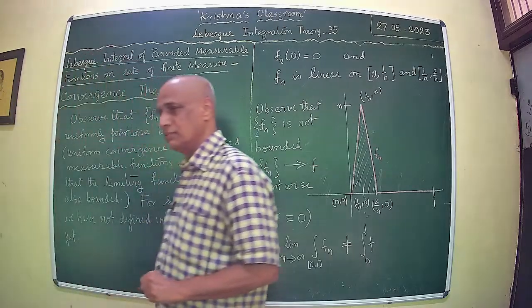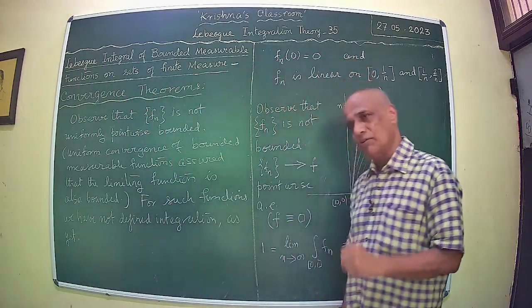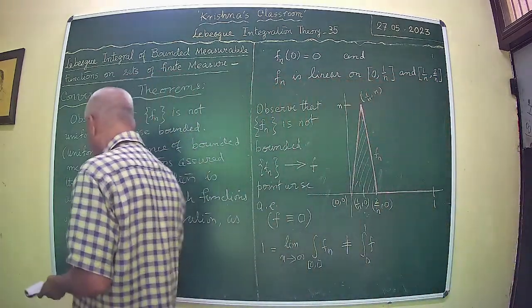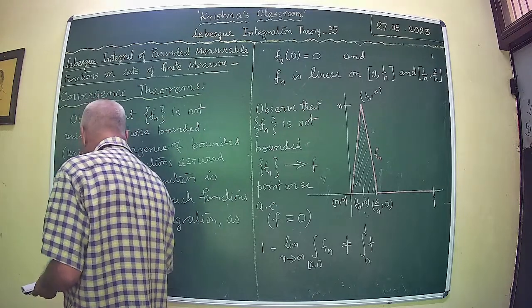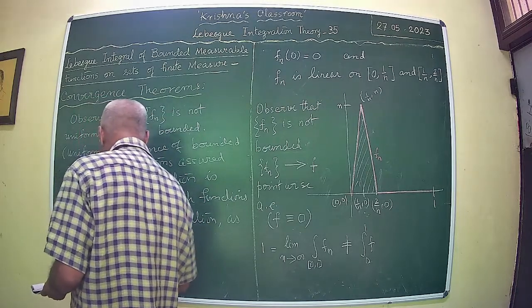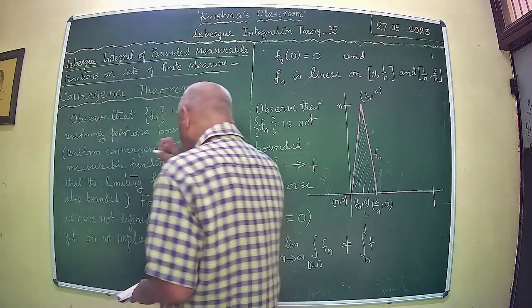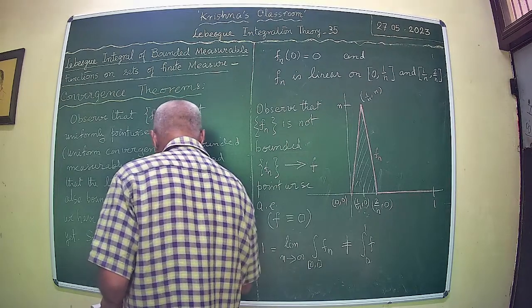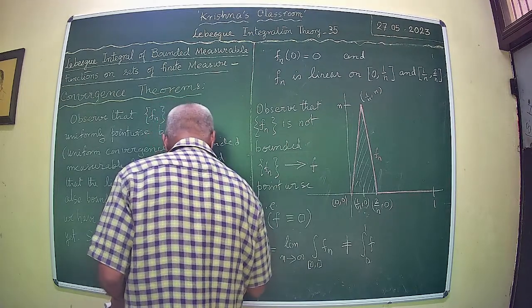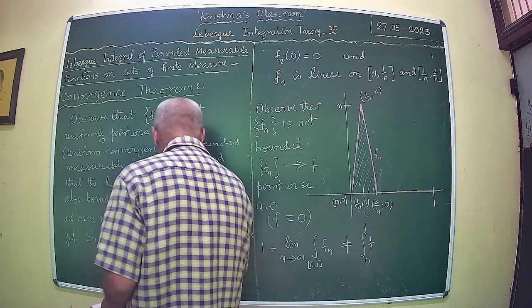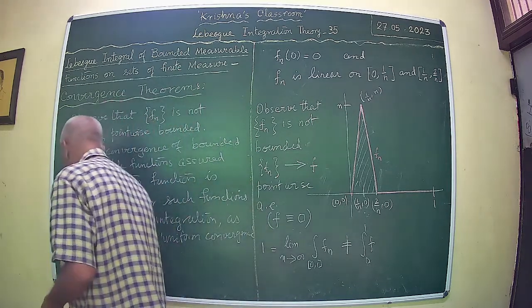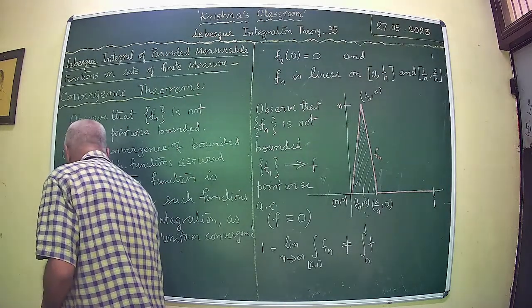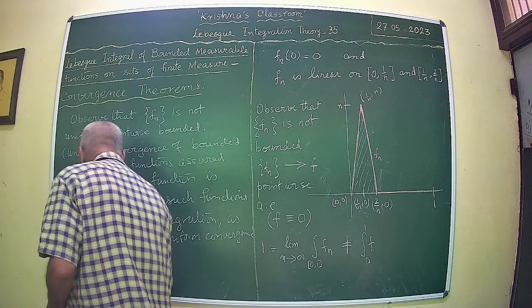In this example, we have seen it. Okay. Therefore, we have to assume that. So for that, we replace uniform convergence by pointwise convergence.